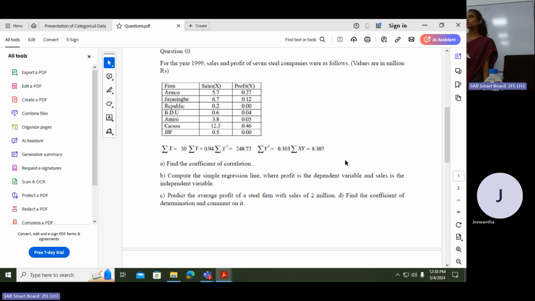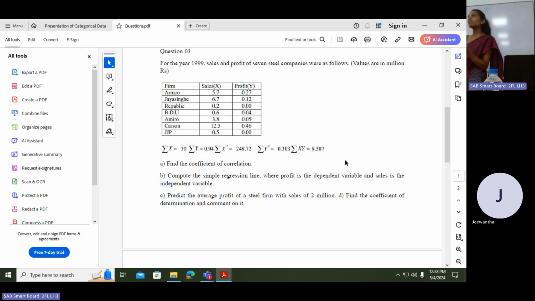Then n into x bar into y bar. What is the value of n? In here it is 7, no? n equals 7. Then 7 into x bar, 30 over 7, no? Then y bar, 0.94 over 7.